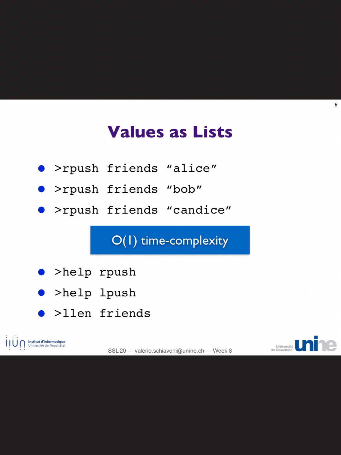One interesting feature of Redis is that, once again, the values that we use in our key value can not only be primitive types, as we have seen so far, such as integers and strings, but also, more interestingly, can be more complex data structures such as lists.